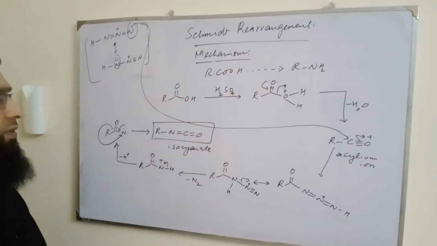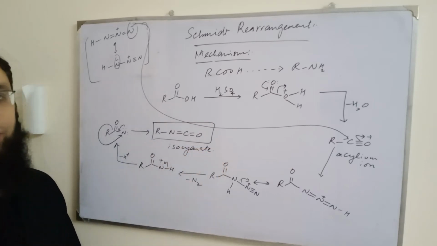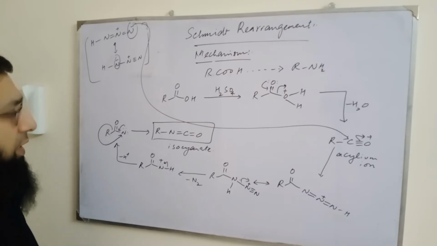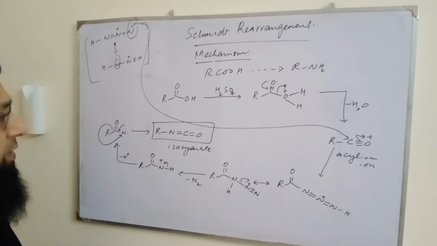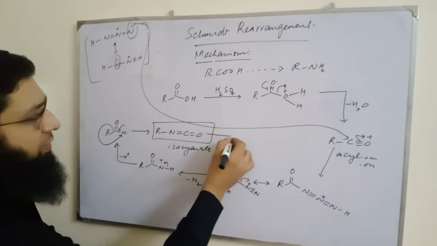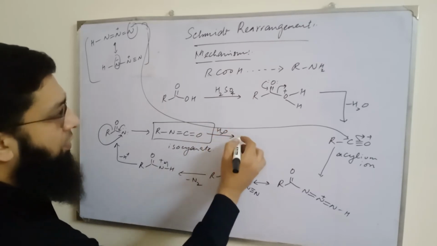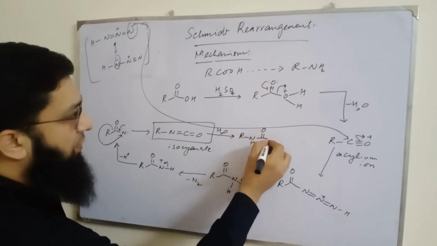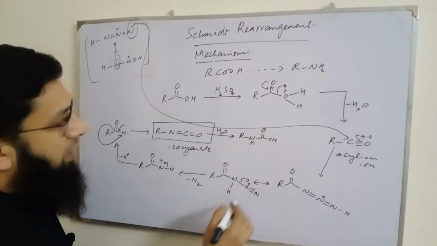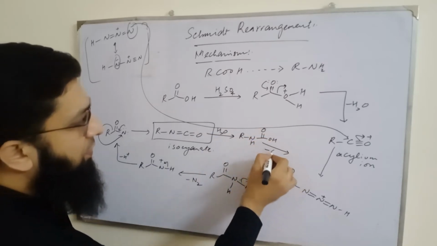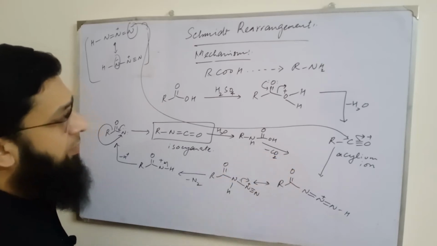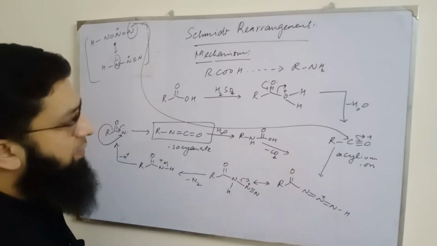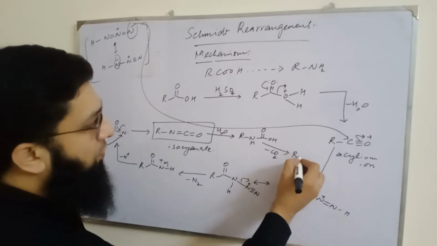And in the previous rearrangements as well, we saw the formation of isocyanate, and isocyanate can react with water to form carbamic acid, and carbamic acid loses carbon dioxide because this is unstable acid to form corresponding amine.